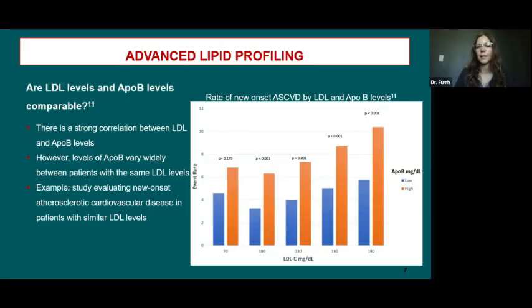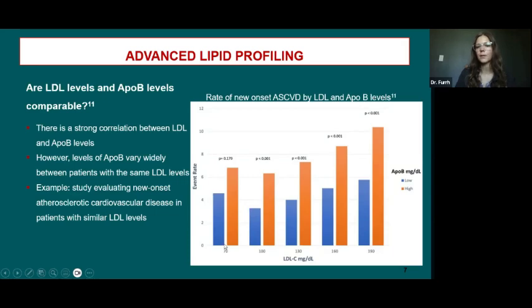However, when you look at these patients and evaluate which patient has higher levels of ApoB compared to lower levels of ApoB within those groups, the patients with the higher ApoB consistently have a higher rate of new onset cardiovascular disease.